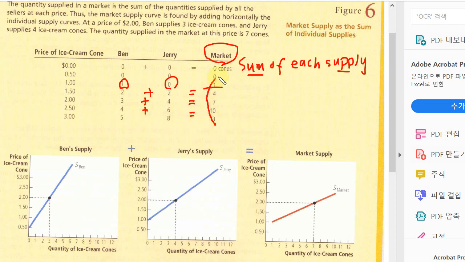This is the total supply in the market. Each supplier's supply summed up is the market supply. This is the same as demand theory.